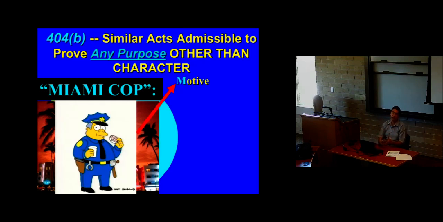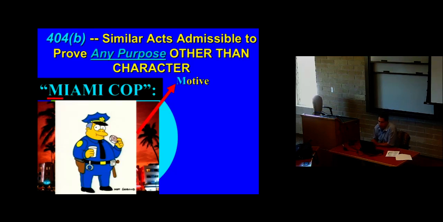Now you're showing it only to show motive, and the jury would need to be instructed that they could use that prior assault only to show motive, but not to show general propensity, and that this is a bad person who is probably violent.